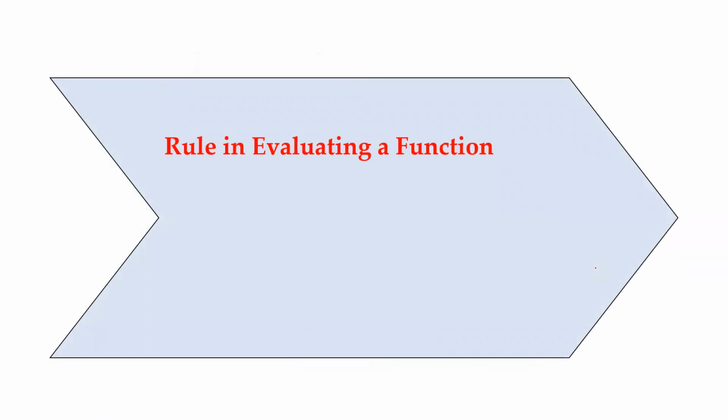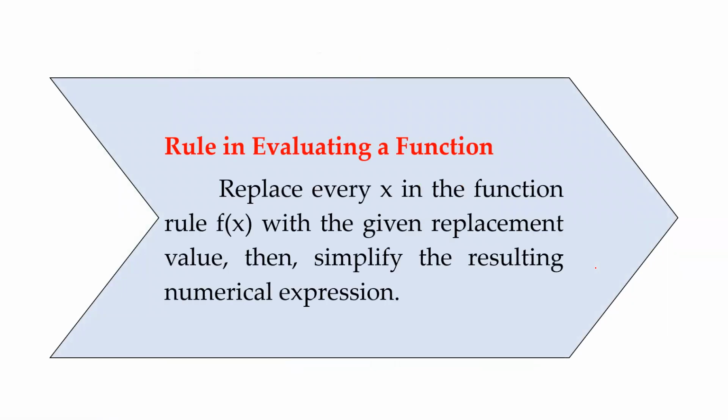What is the rule in evaluating a function? You have to replace every x in the function rule f of x with the given replacement value, then simplify the resulting numerical expression. How are we going to do this?